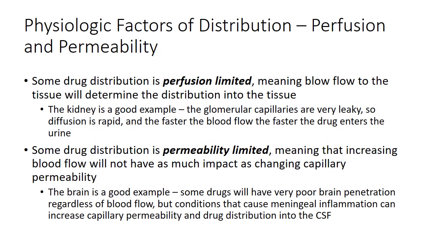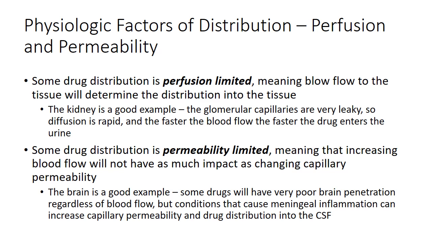So on this slide, I wanted to highlight two different scenarios for different types of drugs and different types of tissues. Some drug distribution is perfusion limited, and by perfusion I mean blood flow limited. So the blood flow to the tissue will determine the distribution into the tissue. The kidney would be one good example.